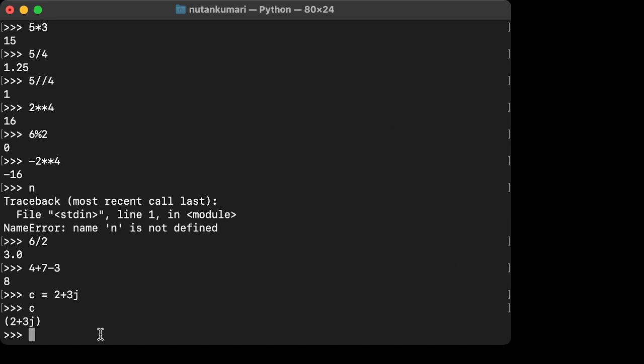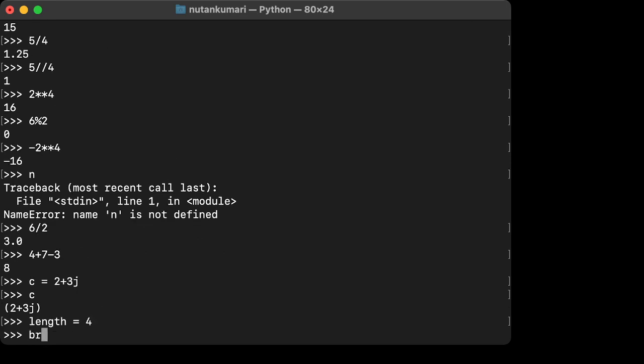Okay, after that, one more thing which we read in the documentation, and that was about the underscore, right? So let us say I am calculating something, or before that, let's say I'm storing length. Okay, length is equal to 4. Okay, and then breadth is equal to something, 6.